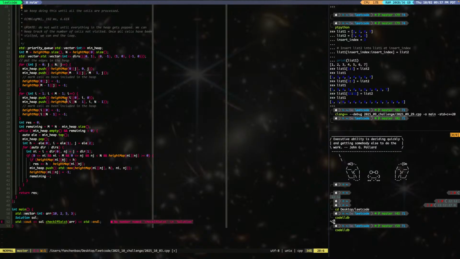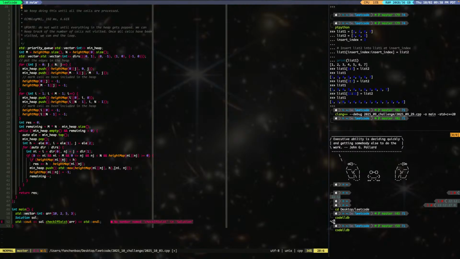So yeah, we do that. I have the remaining. Yeah, this is the remaining. The element out, height ij. This is the 4 directions. If it's not visited before, and if it's smaller than this, we will push this one in.